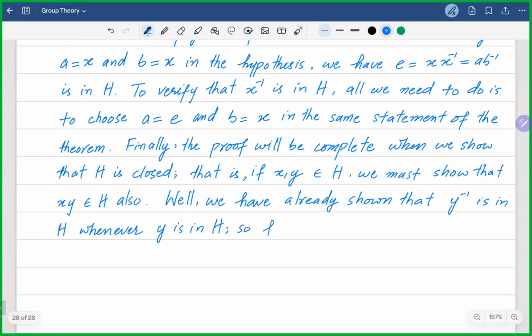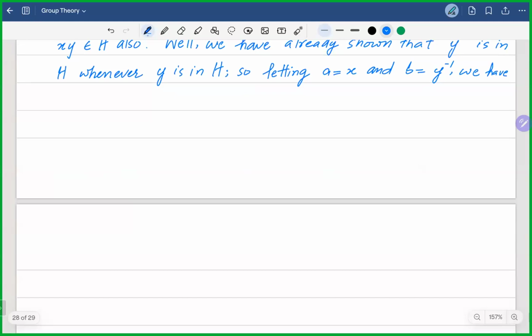So letting A equal X and B equal Y inverse, we have XY equals X (Y inverse) whole inverse, and that is AB inverse, which is in H.